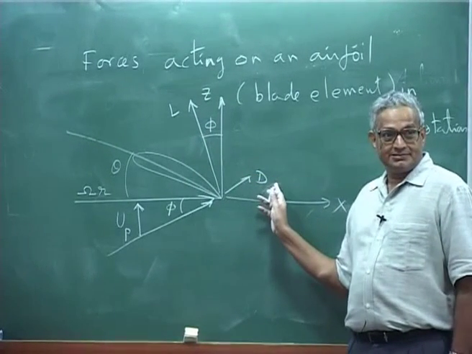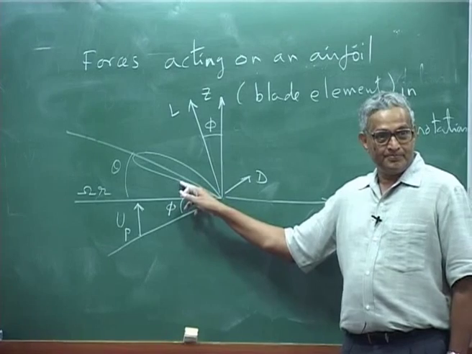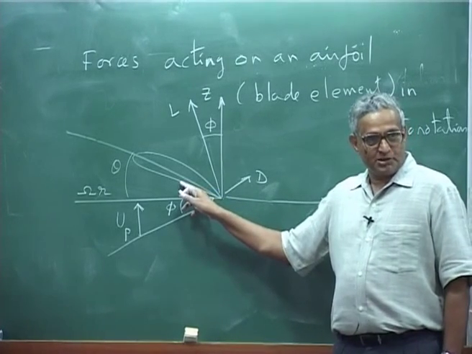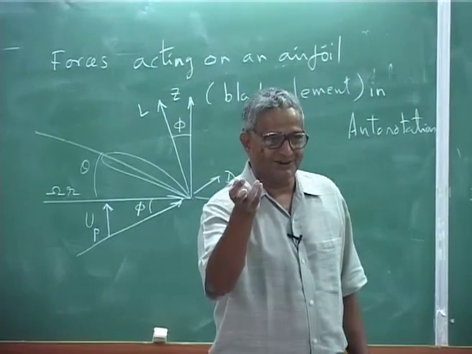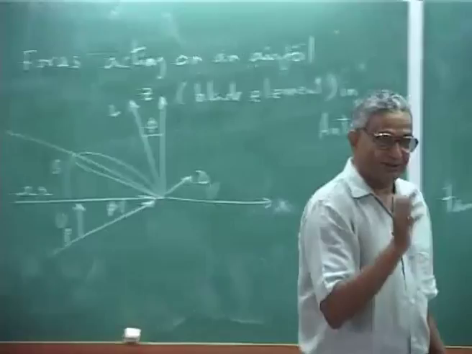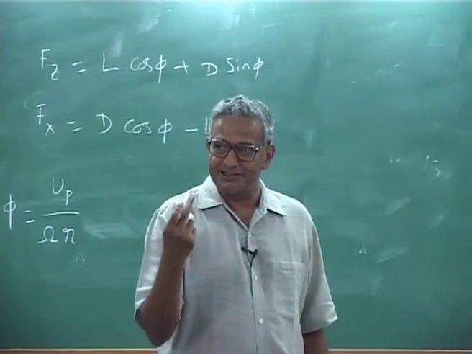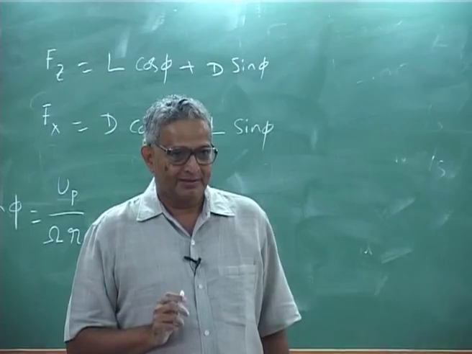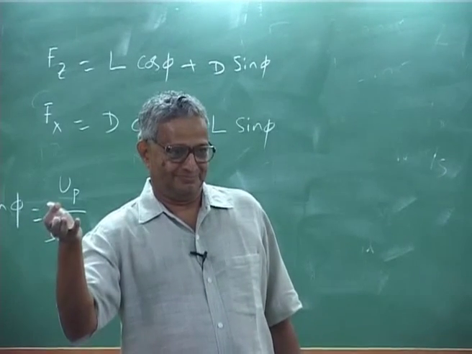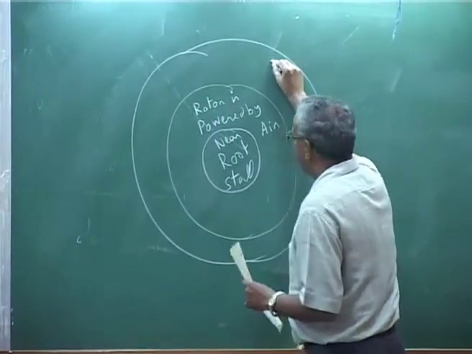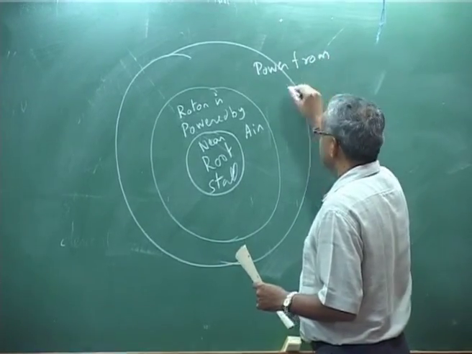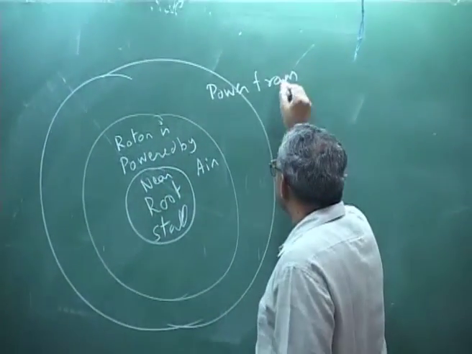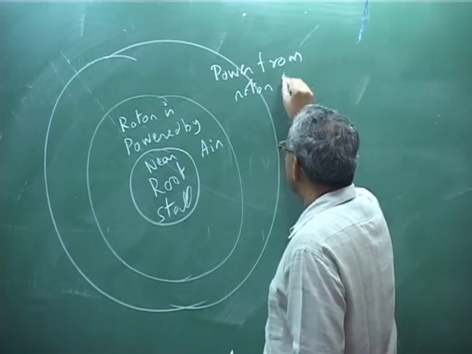That means my drag is more, so it will try to stop. Drag is there, means the air is actually pushing the rotor in the middle region, while outside the rotor is actually dragging. So, this is power from rotor to air, it is a normal operation.